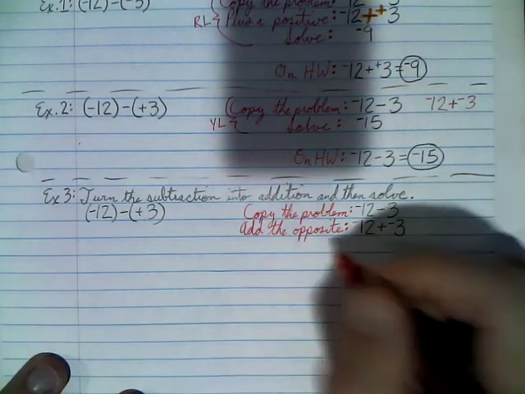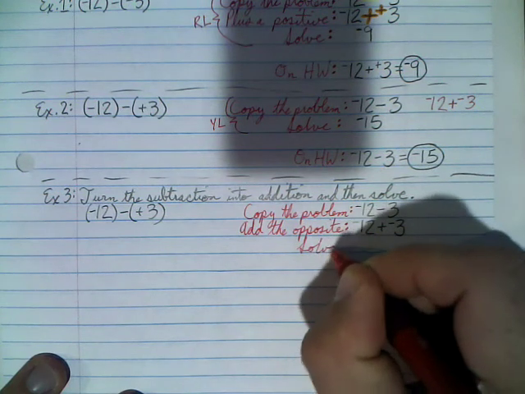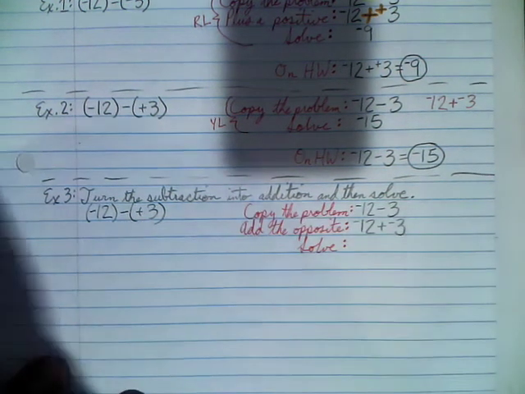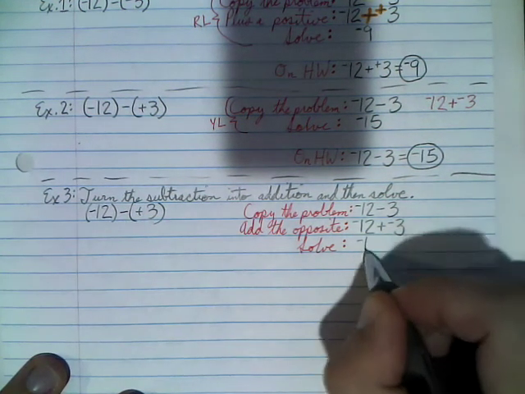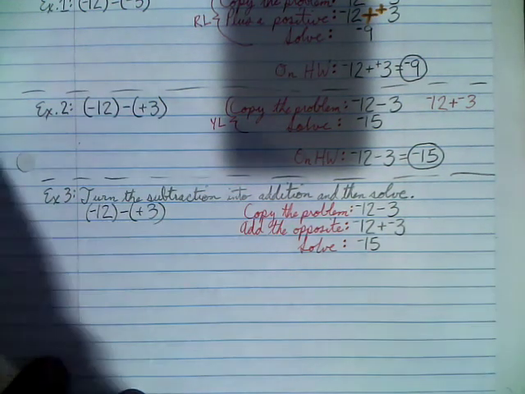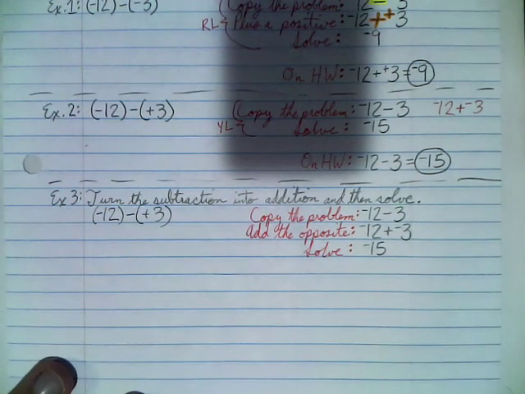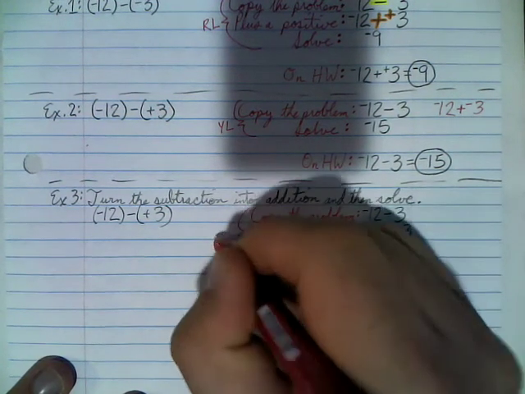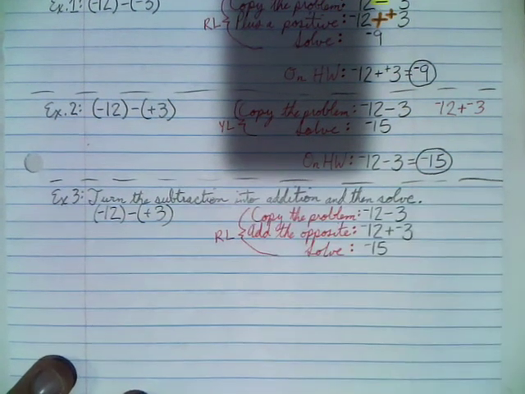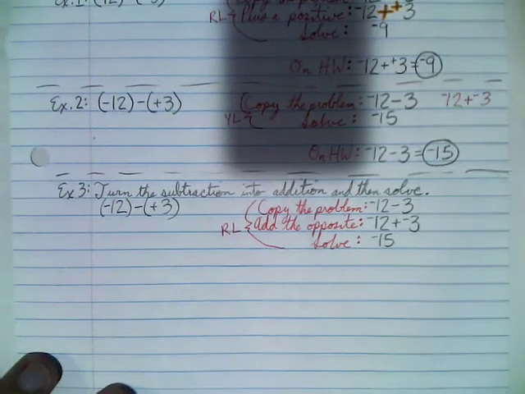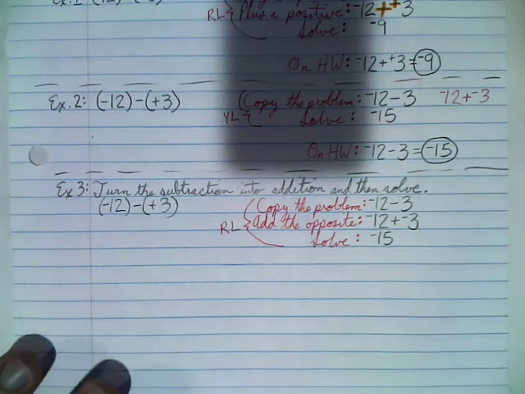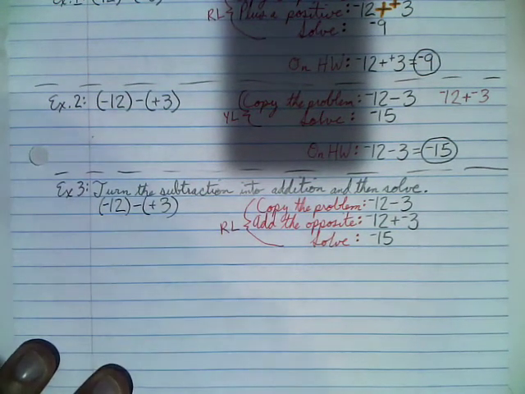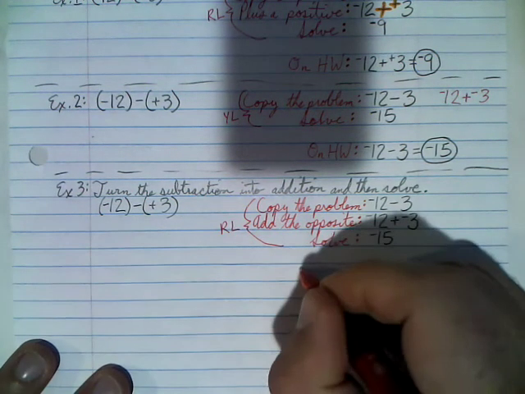And then finally, we'll solve, which we've already solved this twice. So third time here, it's still going to be negative 15. So by changing the directions here, this yellow light problem just turned into a red light problem. So if the directions ask you to change your subtraction into addition first, they're always going to be a red light problem.